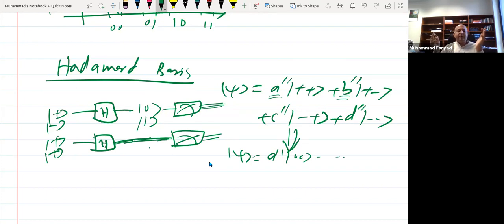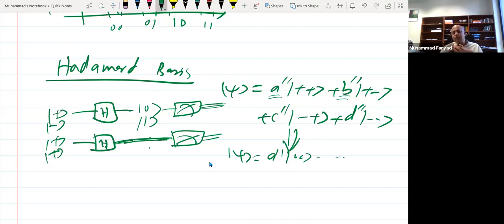Mostly we will be measuring in computational basis, so we won't be doing any transform. But especially when we talk about quantum communication, quantum secure communication, then people have devised schemes that secretly prepare signals and messages in certain bases, or maybe a random selection of bases, sometimes Hadamard, sometimes Bell bases, etc. And then they're able to encode their message in a better way and reduce the probability of error.